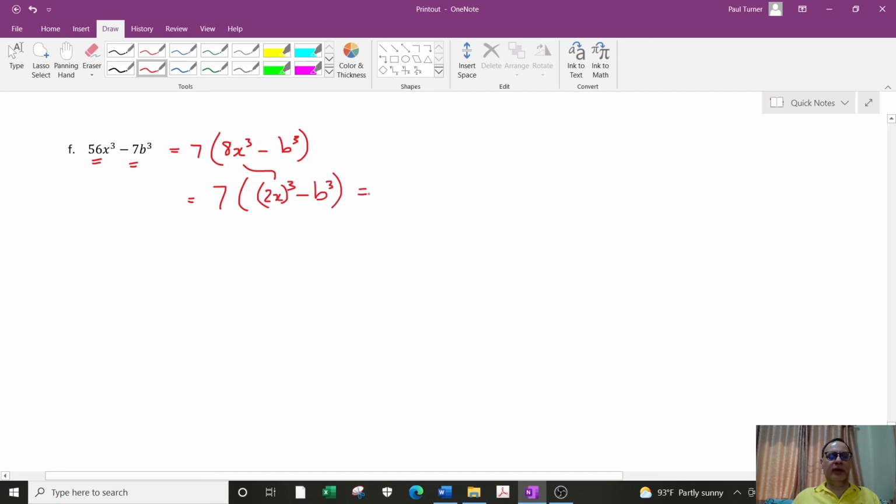Okay, now we can do our factorizing with the rule. So 7, 2x minus b. And then we're going to have 2x squared plus 2xb plus b squared.